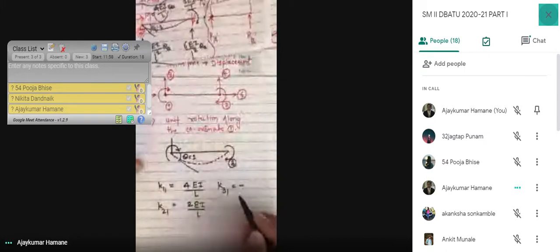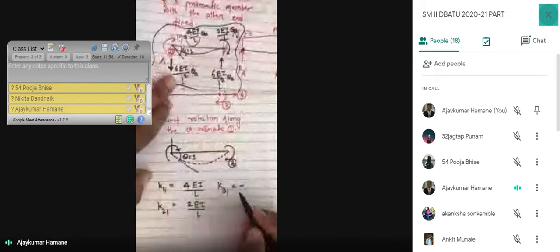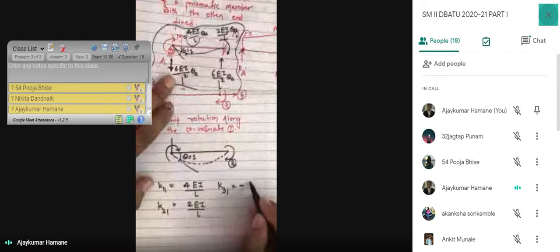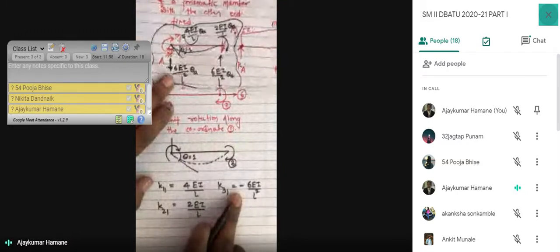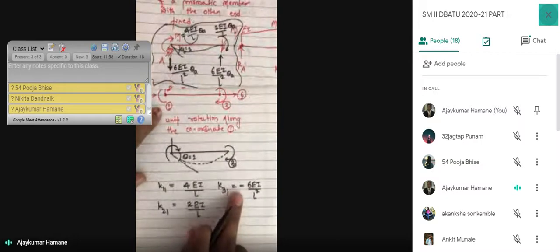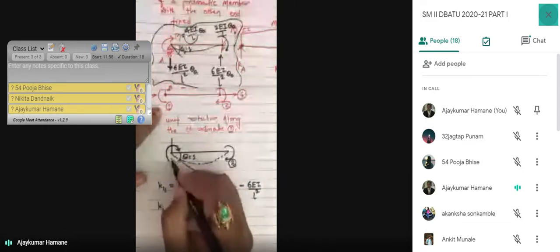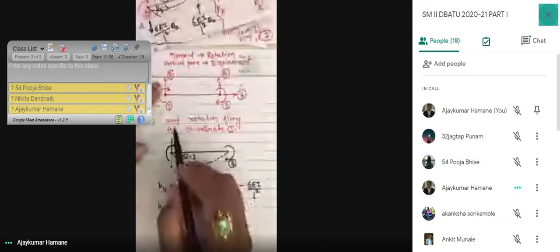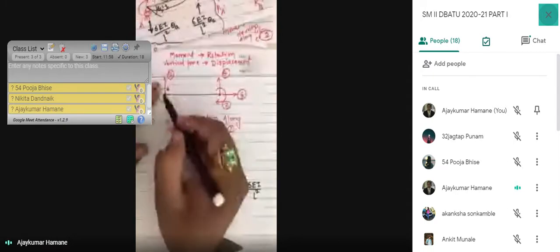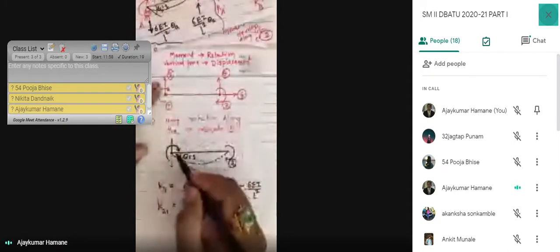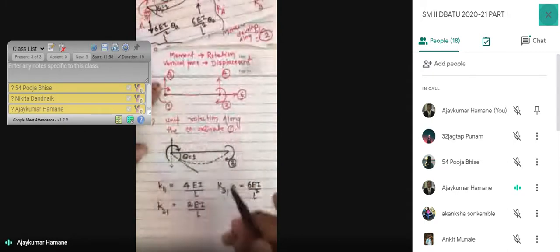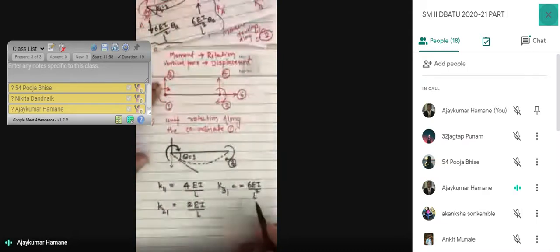So it is minus 6EI/L squared. You got why it is minus, students? When we apply the moment like this, the reaction at this end is in the downward direction, but we have taken coordinate 3 along the upward direction, so that's why it is minus 6EI/L squared.